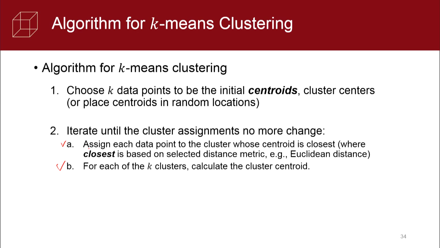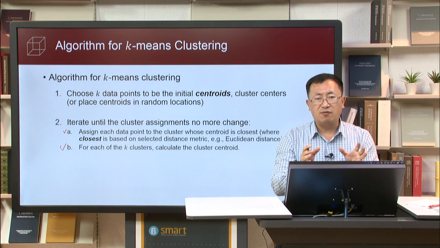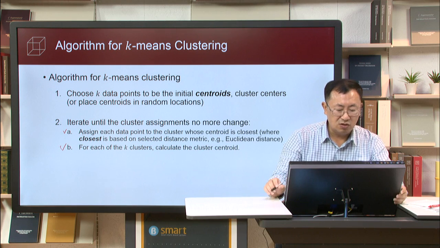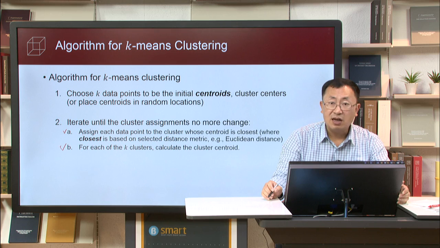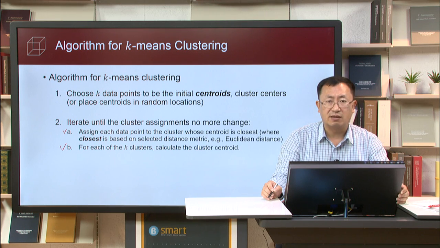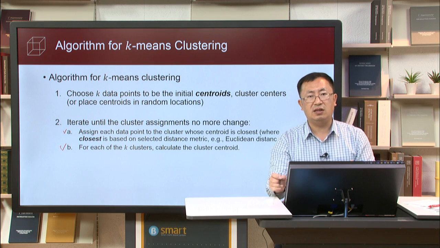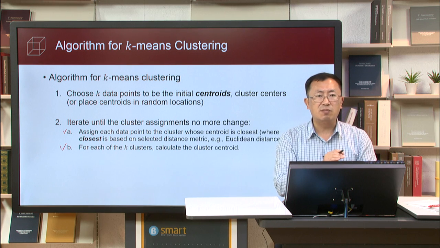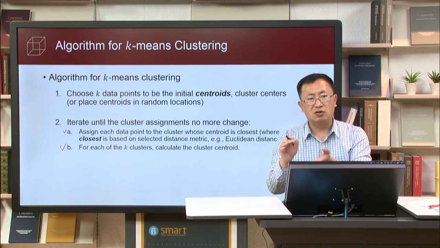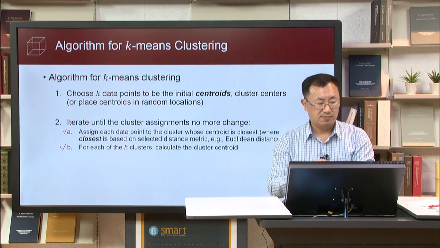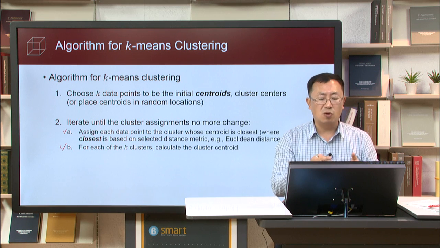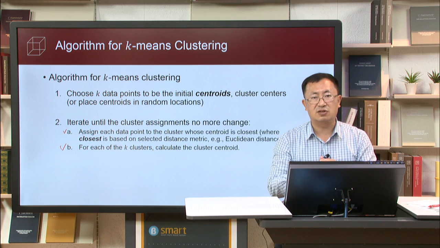Once you finalize the assignment for every data point, you recompute the cluster centroids. You calculate the average, or mean, of the data points belonging to the same cluster. You keep doing this until there are no more changes in the cluster assignment.